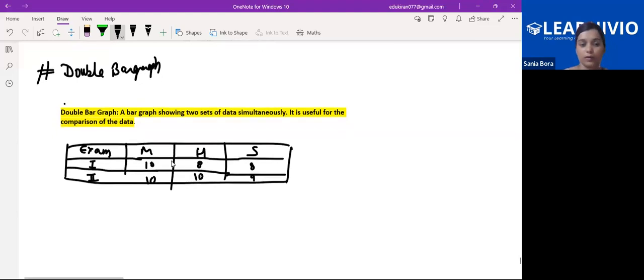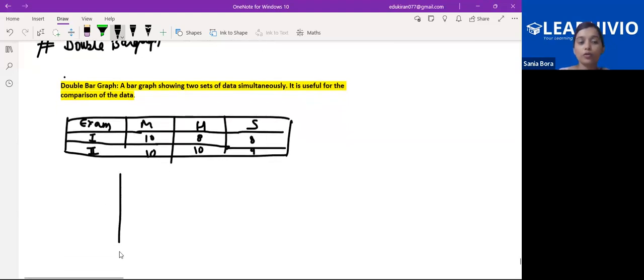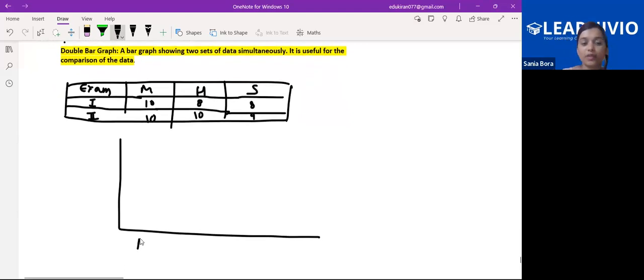Okay, this is it. So what you are going to do, you are going to make it like this. Here you will write subject. For example, math. In math, it was 10, so I will make it 1, 2, 3, 4, 5, 6, 7, 8, 9, and 10 and 11.